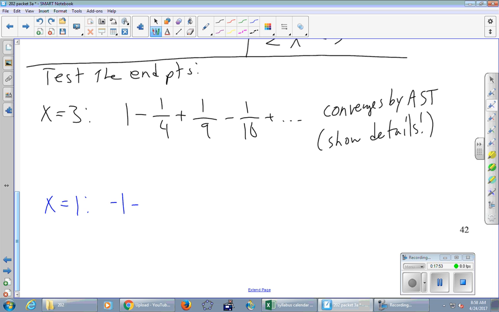Minus, what's the next thing? -1/4, is that right? I don't think that's right. What should it be? Yeah, it's supposed to be -1 squared. I'm going to write it that way. Yes? Right. And then the next one is a plus, -1 to the third, divide by 9. We'll write one more, minus -1 to the 4 over 16. Yeah?